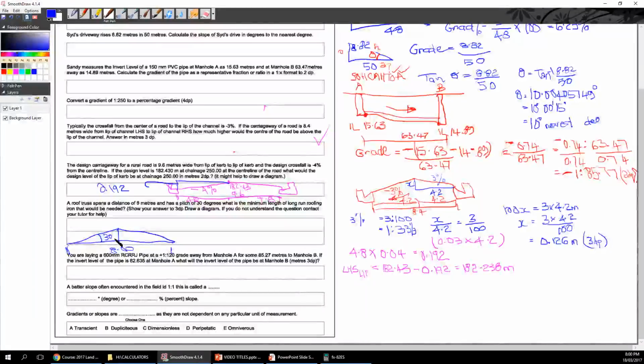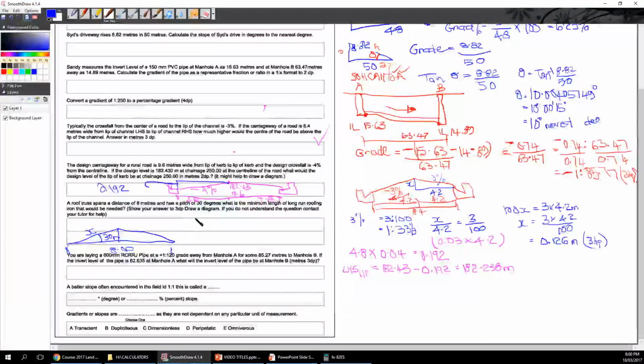Okay, so we get a right angle triangle here. That's 30 degrees. This is the roofing iron. This is X in here. This is what we need. The length of the roofing iron there, X, okay, so that's X there.